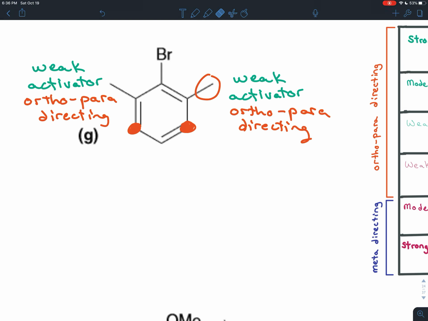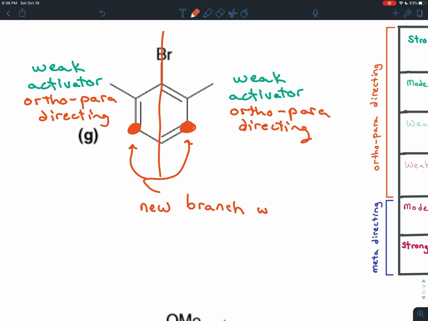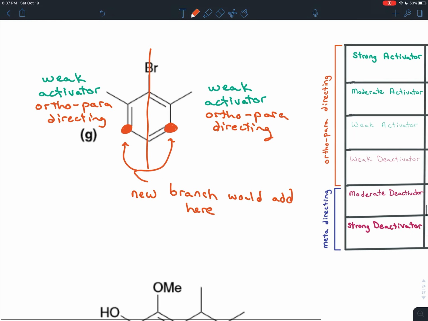Now you can't get this branch on the bromine, there's already a branch there, and notice that there is symmetry in this molecule, so both of these two positions are actually the same. So you could put the new branch at either of those positions, and it would really be the same molecule.